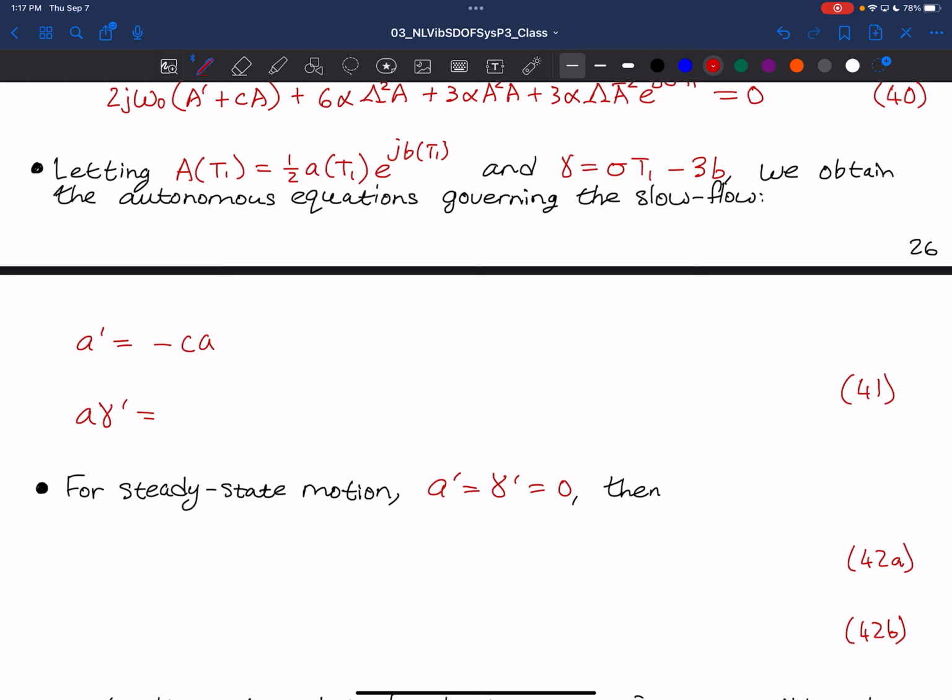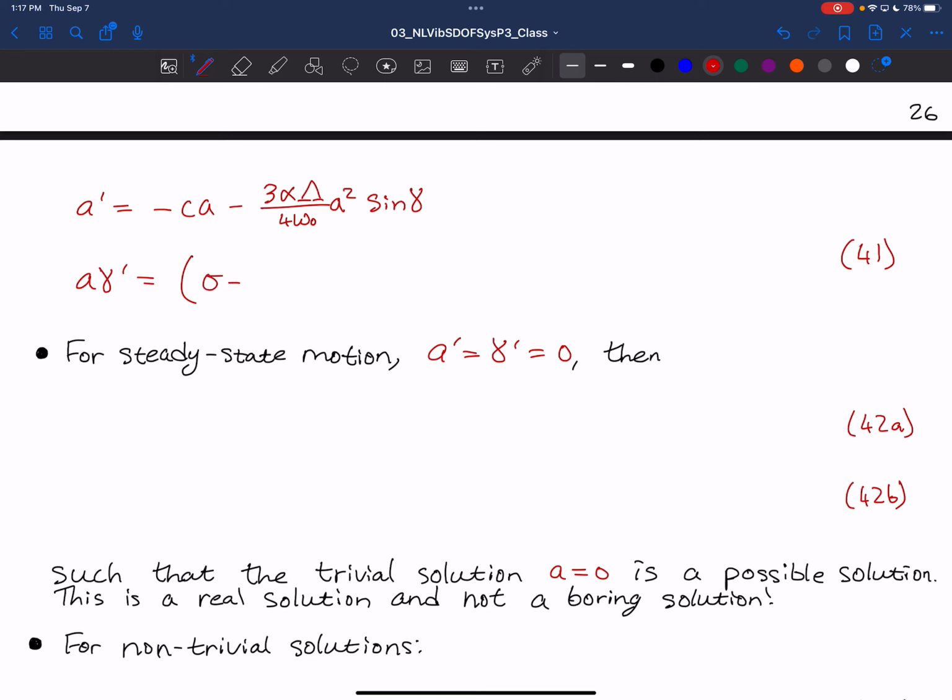We'll get a prime is equal to minus c a minus 3 alpha lambda divided by 4 omega 0 a squared times the sine of gamma, and then a gamma prime is equal to the quantity sigma minus 9 alpha times lambda over omega 0 times a minus 9 alpha over 8 omega 0 a cubed minus 9 alpha lambda over 4 omega 0 a squared cosine gamma.